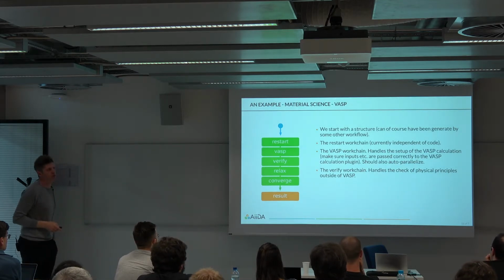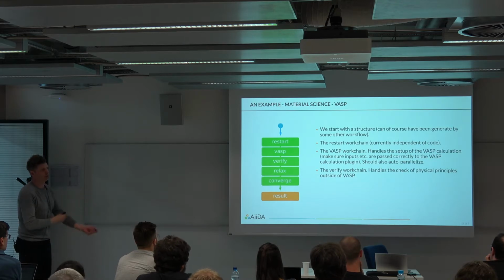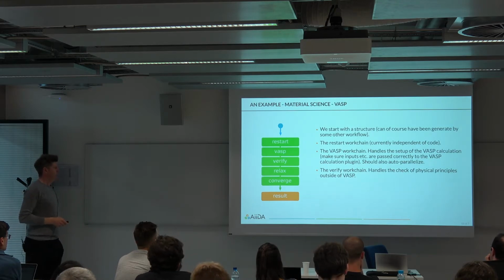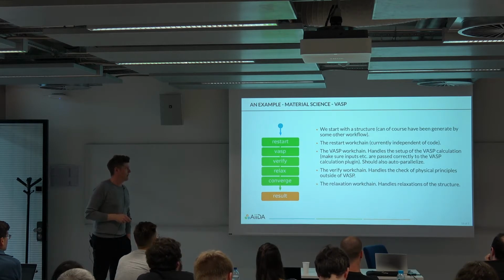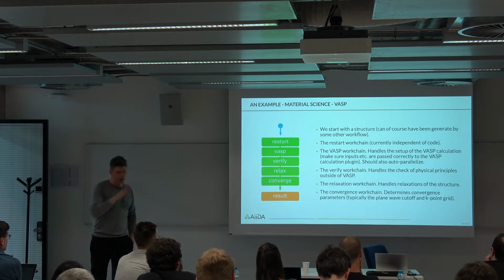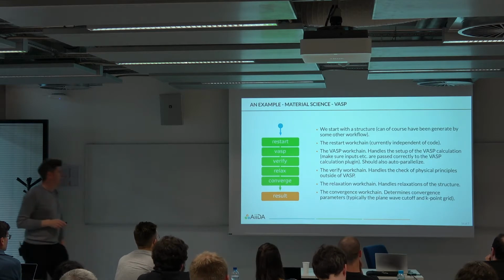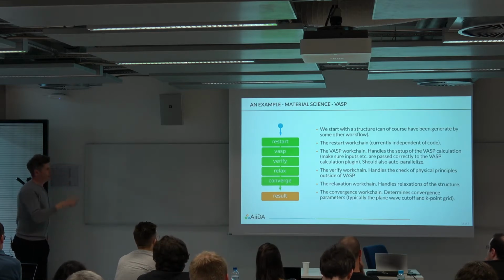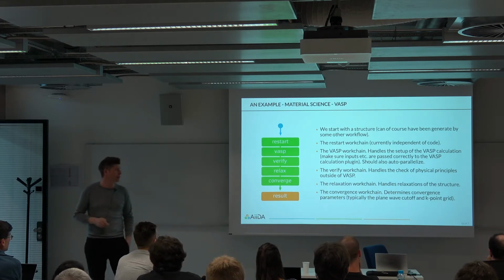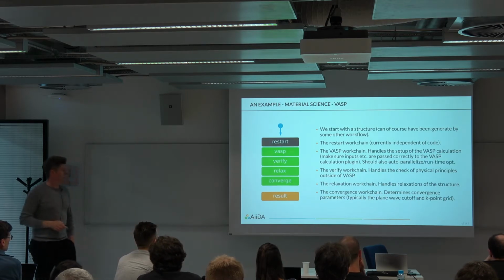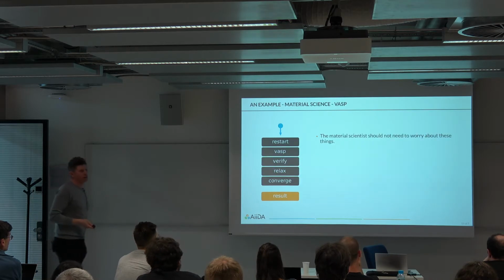Sometimes you want to do this, either restrict something or just double check things. This is also decoupled from the code. We have, of course, the relaxation workchain and the convergence workchain. Typically for material science and plane wave codes, this would be the plane wave cutoff and the k-point grid, right? So none of these are really interesting in science.